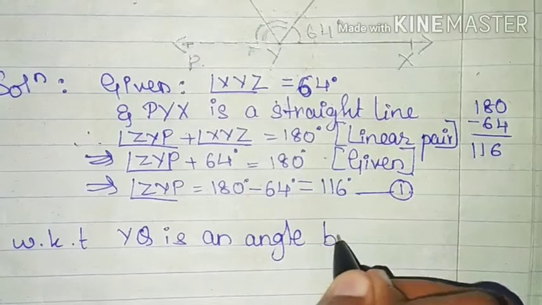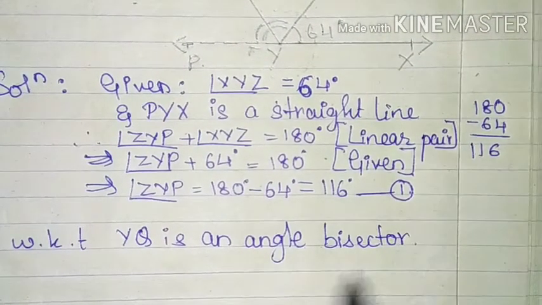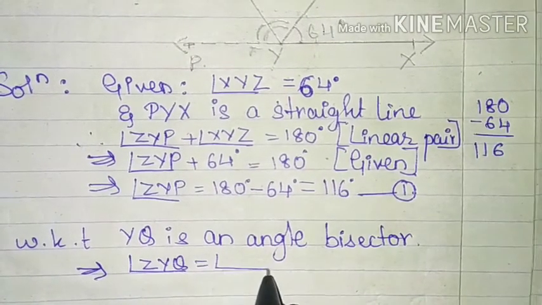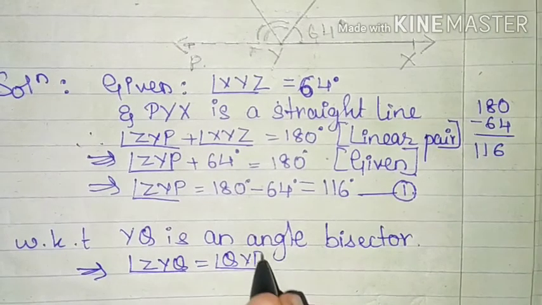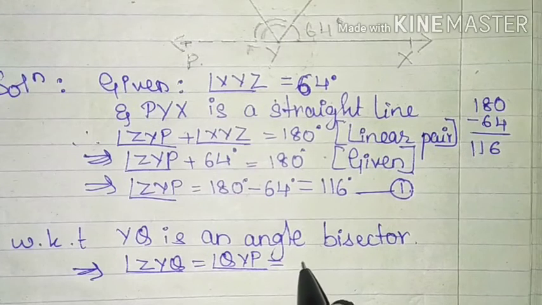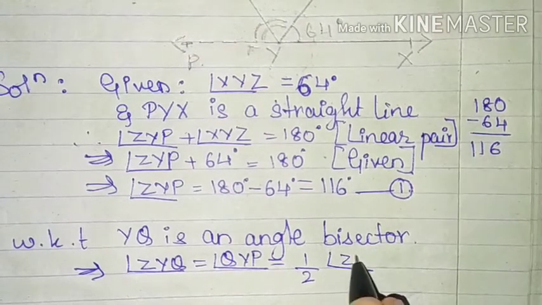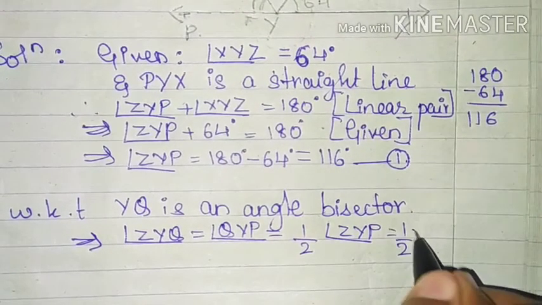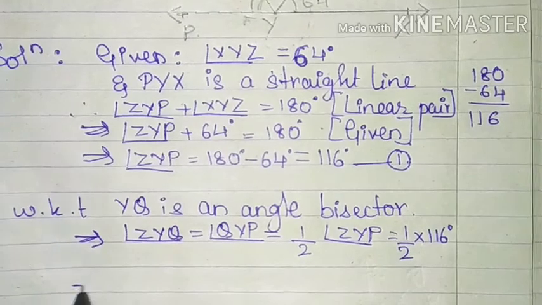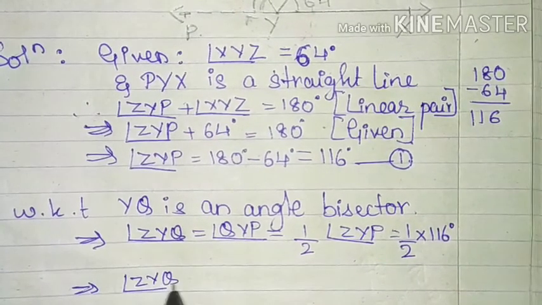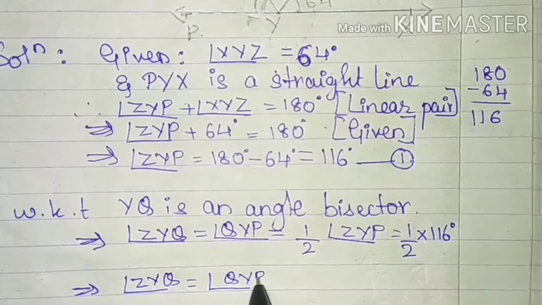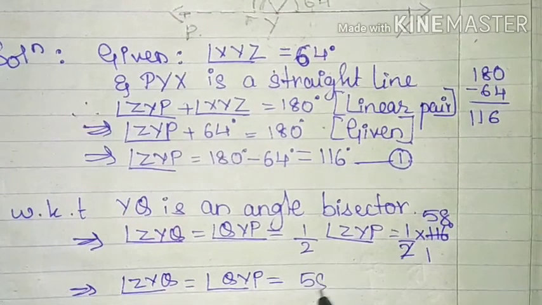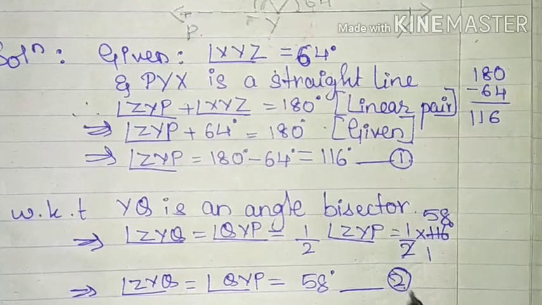This implies angle ZYQ is equal to angle QYP, which is equal to half of angle ZYP. Half into 116 degrees. This implies angle ZYQ is equal to angle QYP is equal to 58 degrees. This is our equation 2.